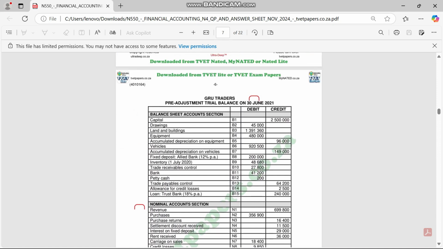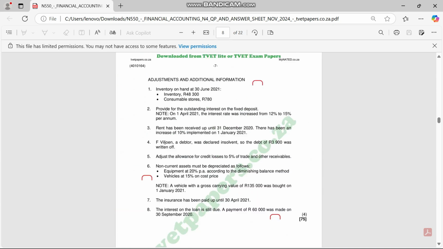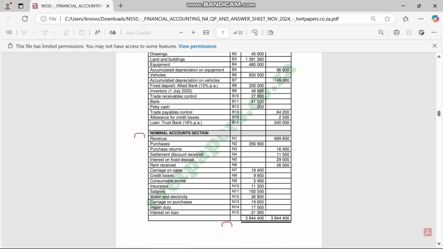So this was made on the 30th. So it's July, August, September. The loan was for 3 months, and the loan was 18% for 240,000.